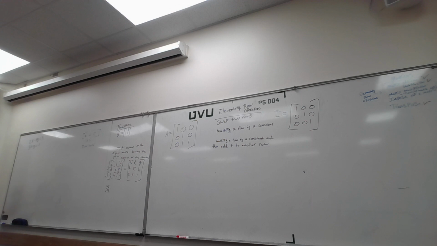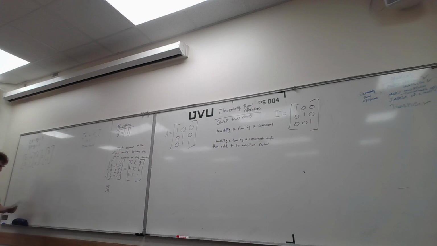We can represent this in matrix form, as the matrix 2, negative 4, 3, 1, multiplied by a column vector of x and y, and that is equal to the column vector 3, minus 1.